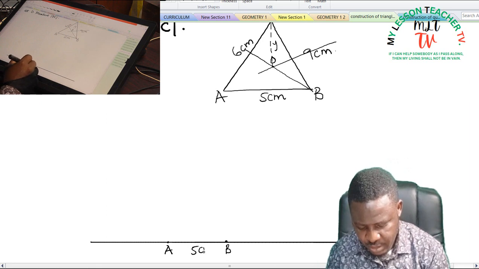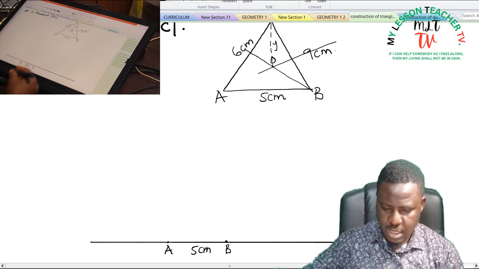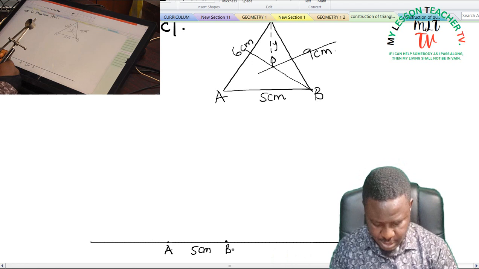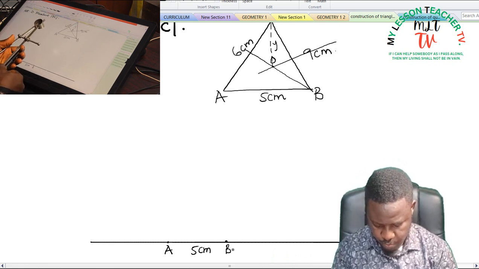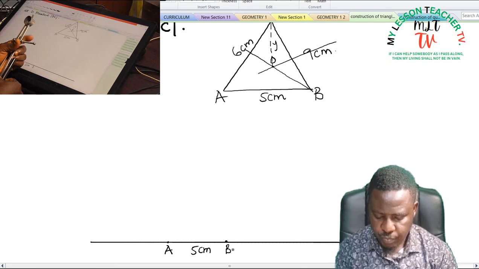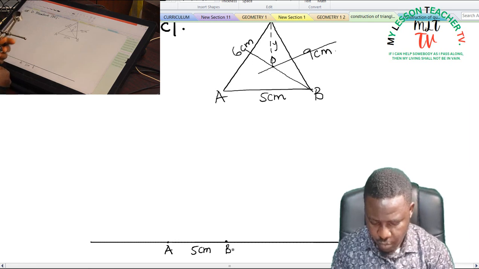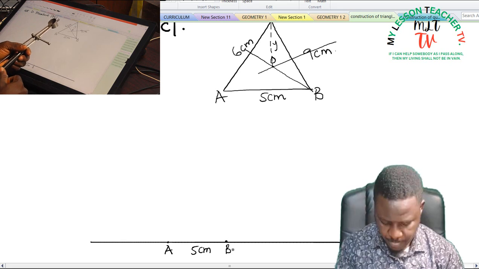This is 5 centimeters. Now we have it that point C is 9 centimeters away from B. So we are going to use our compass to construct that. Why is it that you can't use your ruler as I did for constructing line AB?